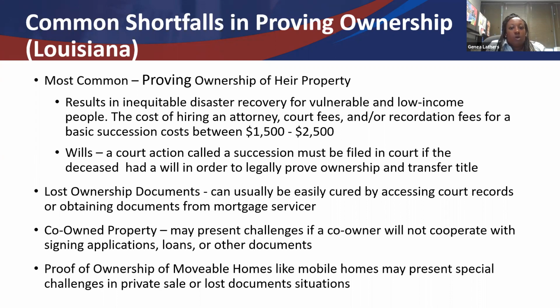And also proof of ownership of movable homes, especially for those who are in mobile homes that live on land that doesn't belong to them. So a lot of challenges within that area, but I just want you all to be aware of some of the most common and some that need to be walked through a little bit more steadfastly and in more detail, and working with some legal services that are probably going to be needed.